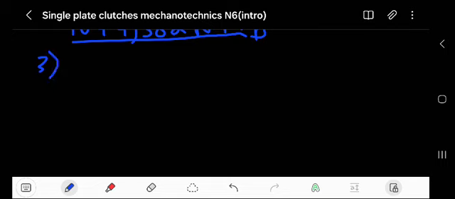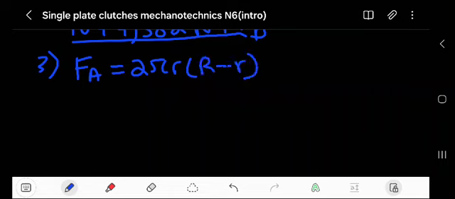For this one, that will be 2 pi, you must know 2 pi r, into big R minus small r multiplied by P, pressure max.